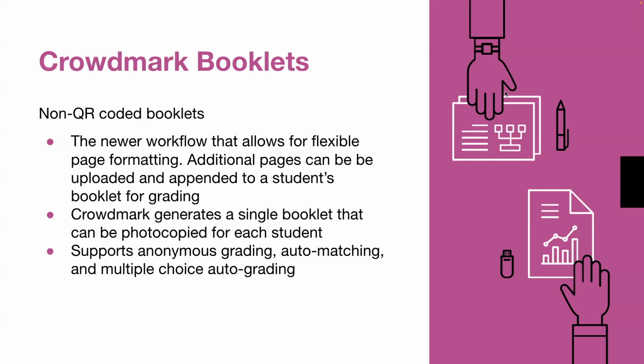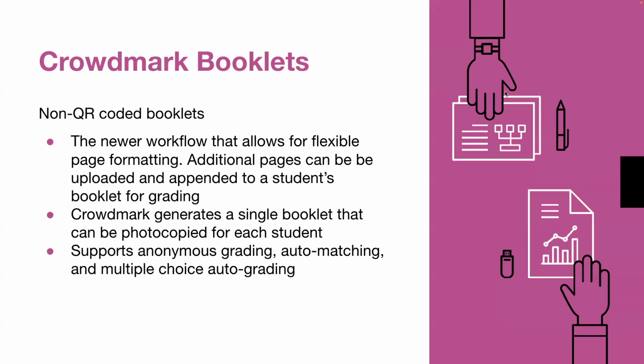The good thing about these is that you can use automated matching, which is the AI assisted matching that Crowdmark uses to match booklets to student information in your course. And you can also use the multiple choice bubble sheets that are automatically graded by AI as well.